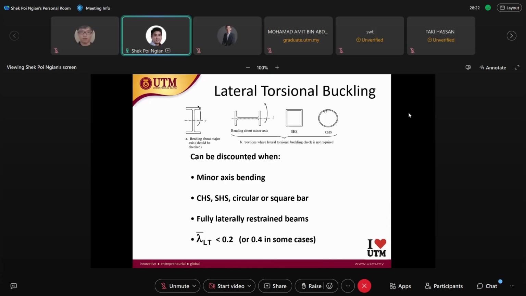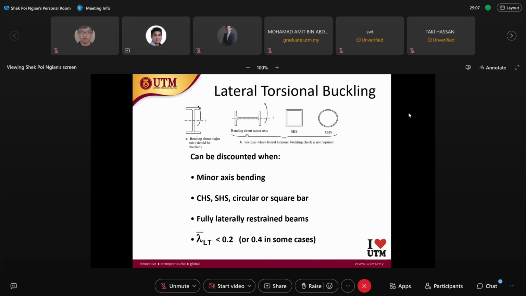CHS is circular hollow section, SHS is square hollow section. If these hollow sections are used as beam, you don't have to check for lateral torsional buckling. Circular and square bar means the shape is circular or square, but it is a solid member. For these types of beam, you don't have to check for lateral torsional buckling.